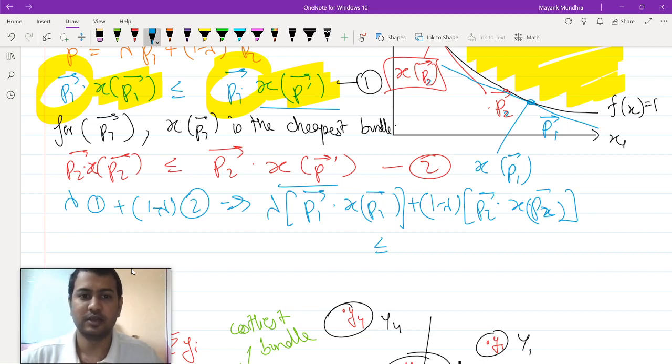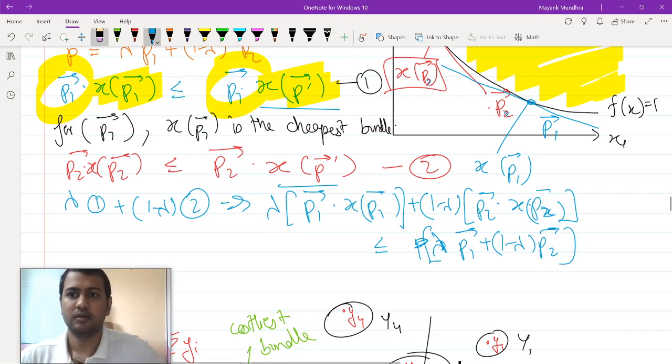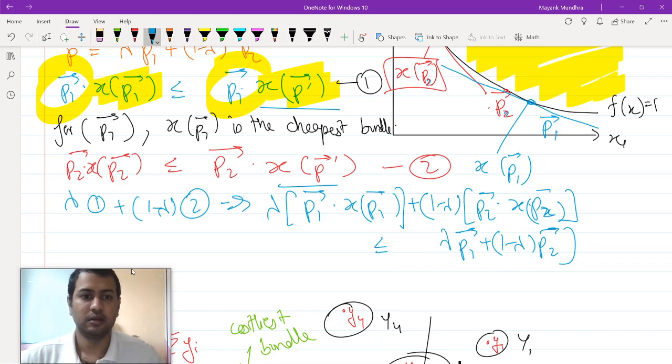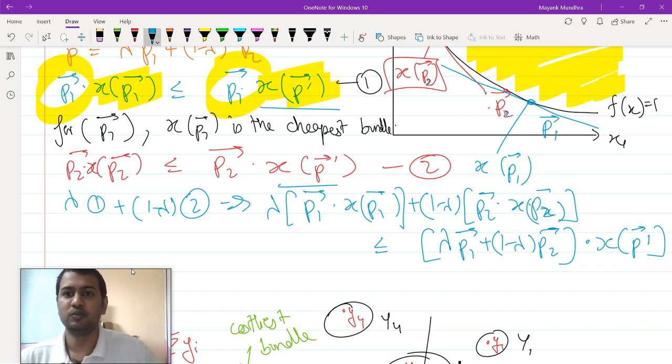So this will have just lambda times p1 vector plus 1 minus lambda times p2 vector, dot x of p prime vector. So this should be true.